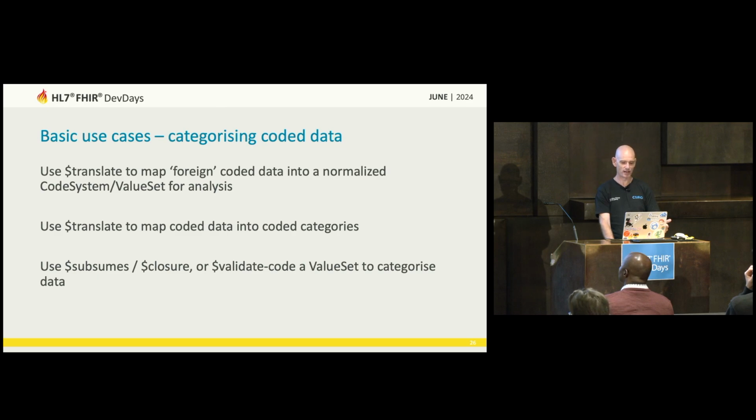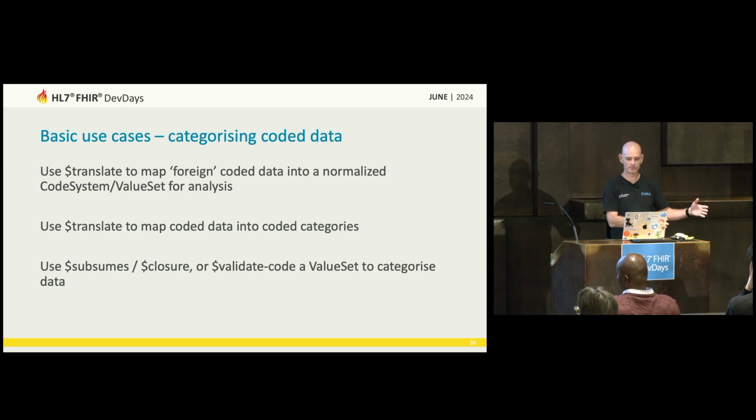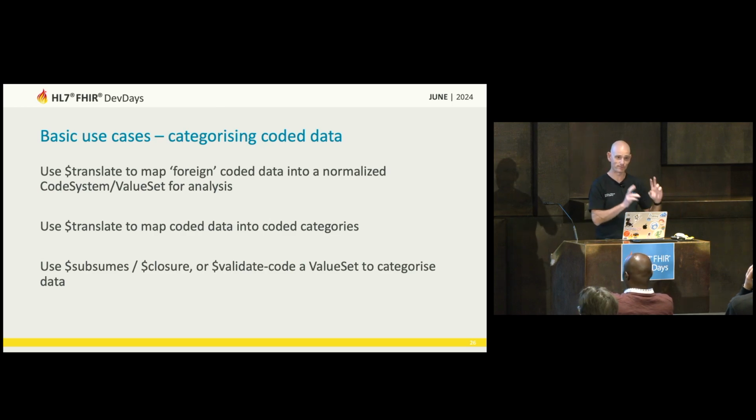Categorizing coded data. If you want to categorize coded data for reporting purposes, there are a few ways of doing that. You could first use translate to map foreign codes you don't understand into codes you do understand for the purposes of your analysis, and then do the analysis on the translated codes. You can also define maps, and I've seen this done, from the coded data they have to codes which represent the analytic categories.